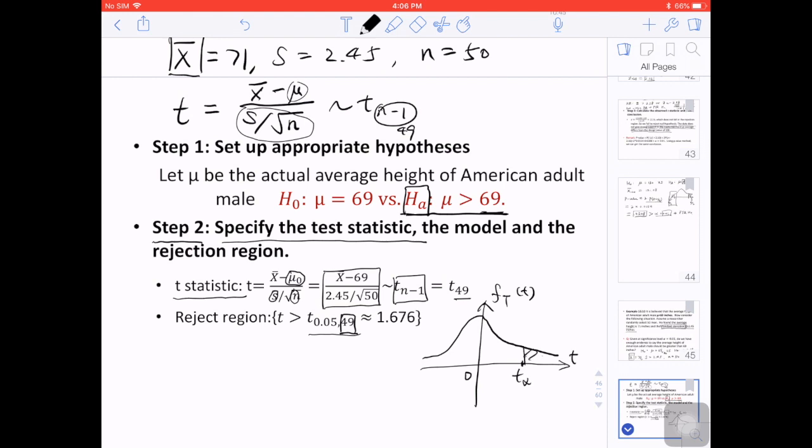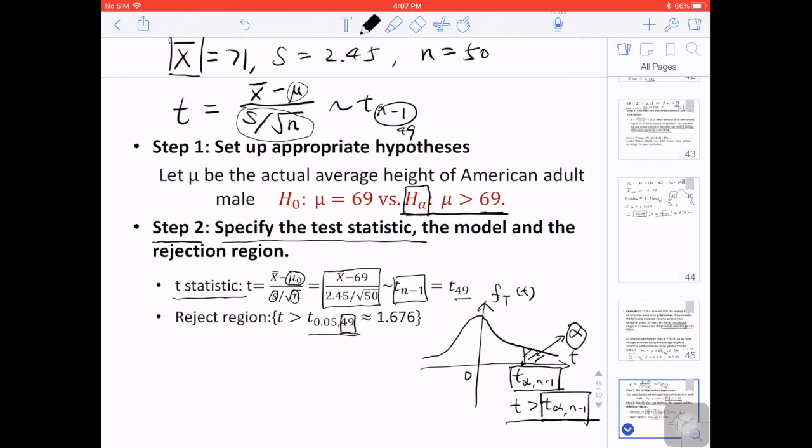Okay, so you let this part be equal to alpha, the probability that t is larger than t alpha, n minus 1. So this is the critical value. You're going to use the value alpha to find this critical value in the t table.